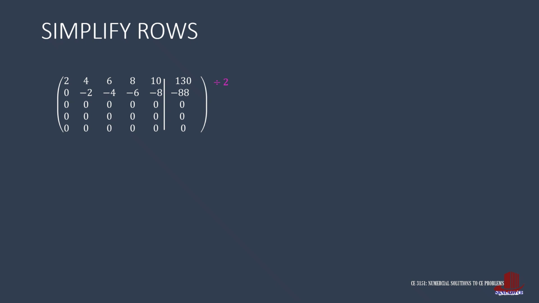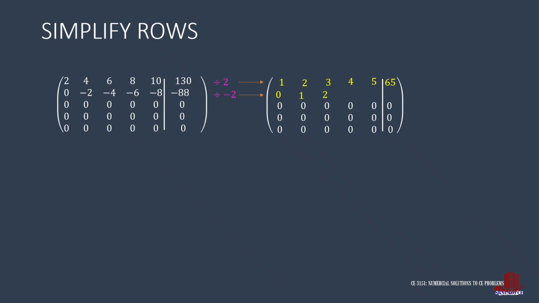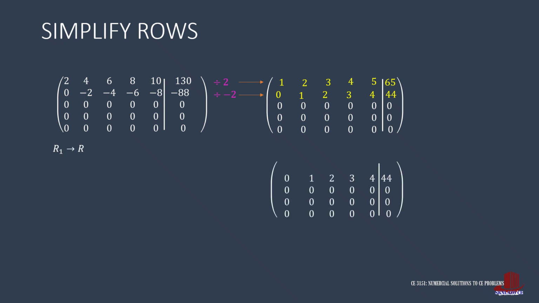Simplify each of them by dividing the first row by 2, where elements turn into 1, 2, 3, 4, 5, and 65. The second row is also divided by negative 2, giving elements 0, 1, 2, 3, 4, and 44. Simplify the two equations further by subtracting R2 from row 1.